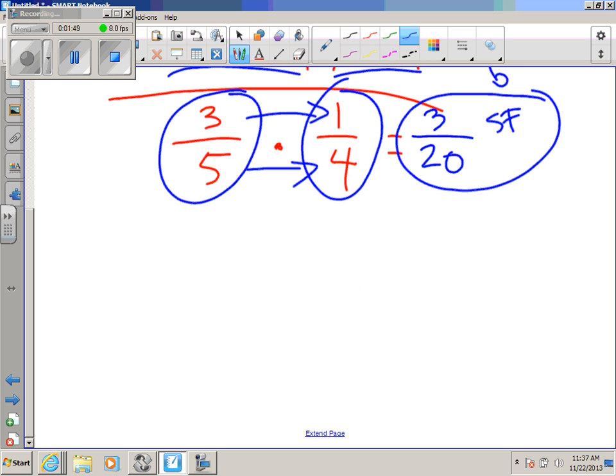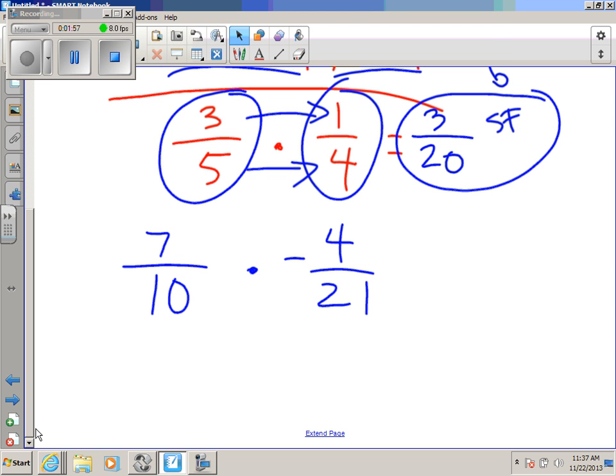Okay? Sometimes we get negatives. Just like always, anytime you multiply a positive times a negative, you're going to get a negative. Okay? Now, there is a little trick that we use that helps us simplify these before we get to our final answer.